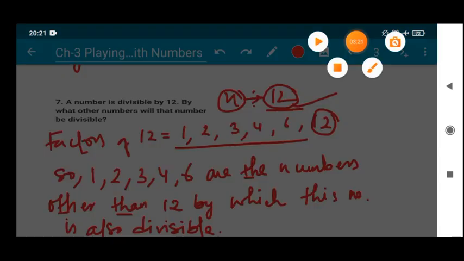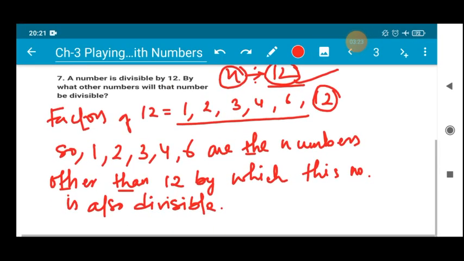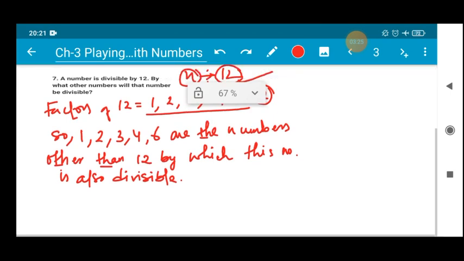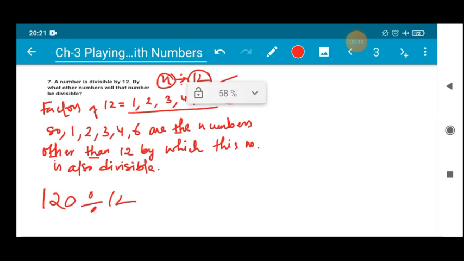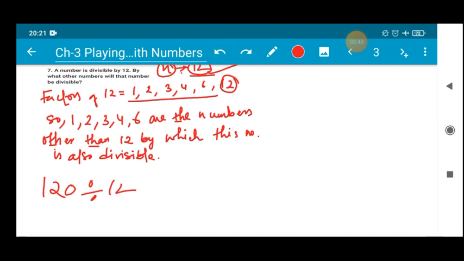Okay, to help you understand this, I would like to give one example. Say one number is 120, which is divisible by 12. They have said that a number is divisible by 12, so let's imagine this number is 120. Now we have to find the other numbers besides 12 which can divide this.